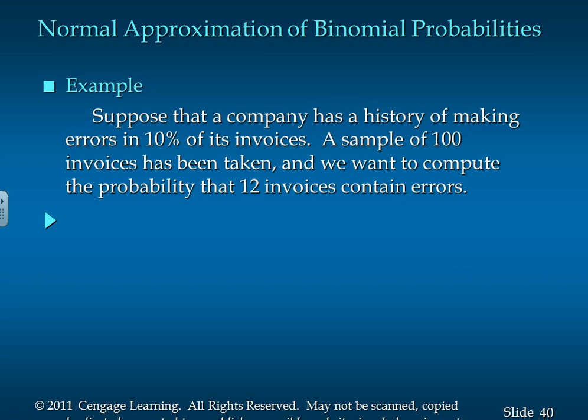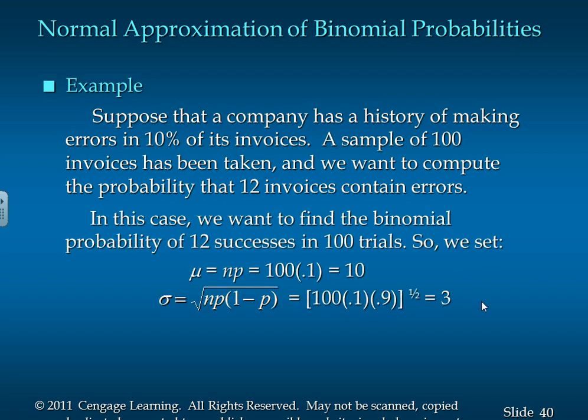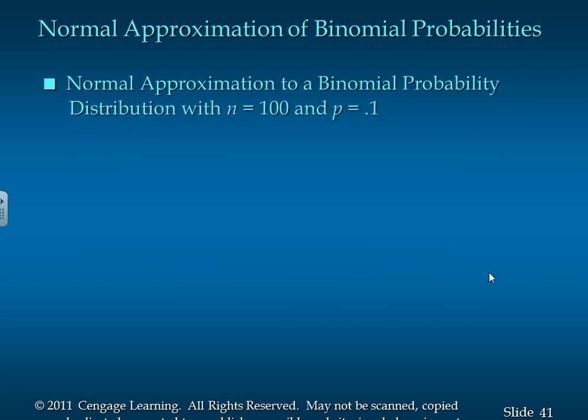So I've got 100 invoices, and we want to calculate the probability of 12 of them having errors. We find that mu is 10, the standard deviation is 3, and we want the probability that 12 have errors.